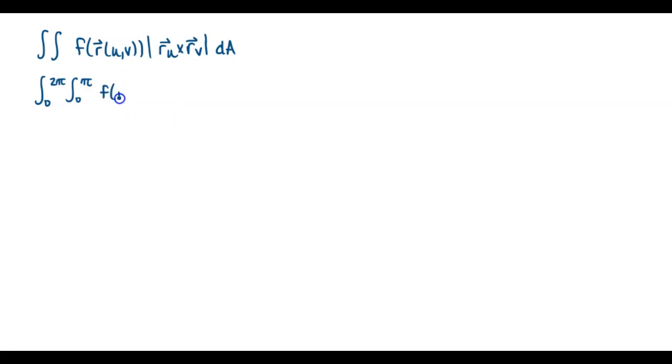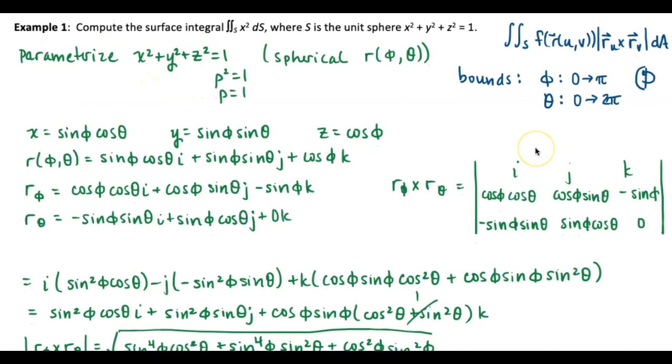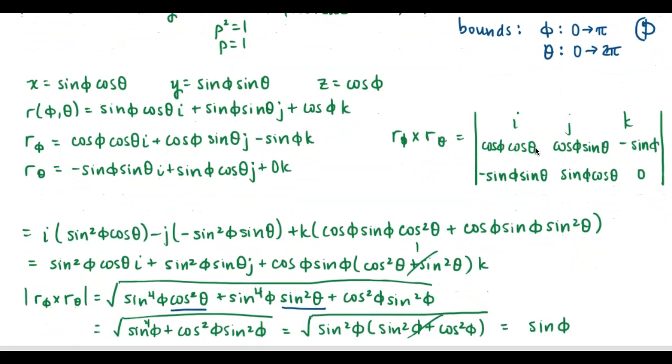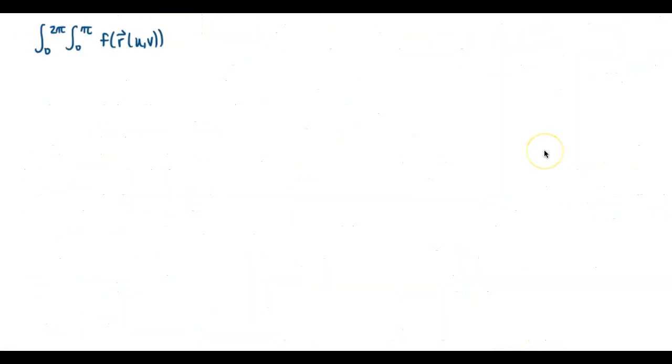We still don't know what this parametrized form of that integrand is, but we said that this magnitude was just sine of phi. And these are our bounds for phi. These are our bounds for theta.